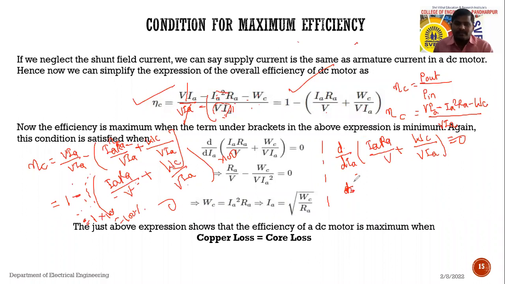Differentiation of IA into RA divided by V with respect to IA: RA upon V stays, and differentiation of IA with respect to IA is 1. So RA divided by V plus the next one, WC divided by V into IA, differentiated with respect to IA.